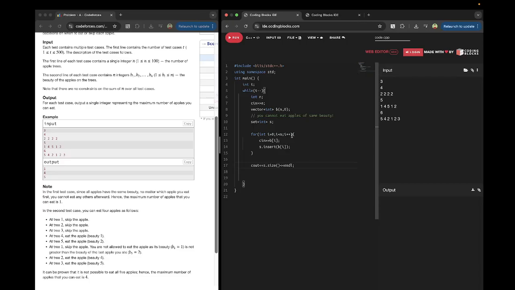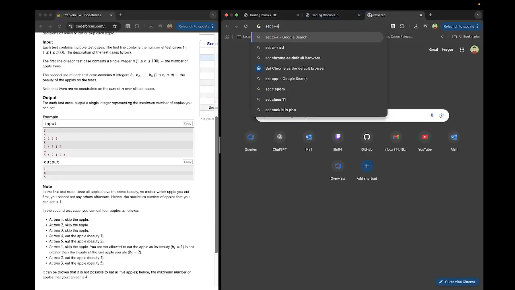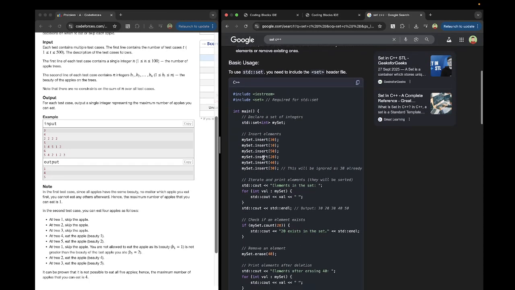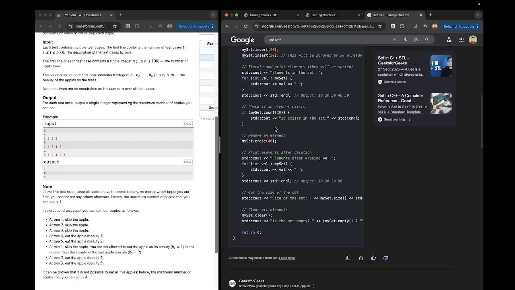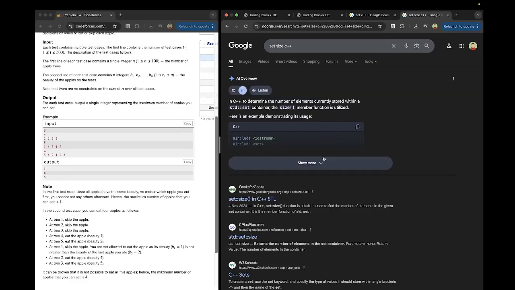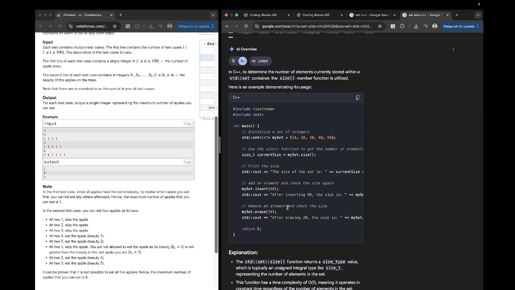Where did we mess up? Why did it not print the size?